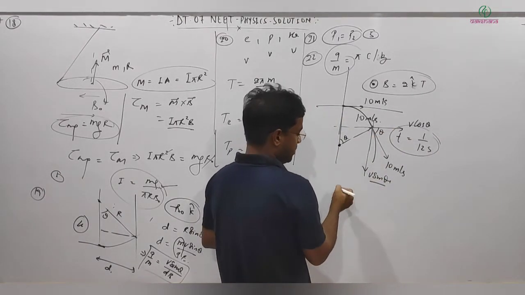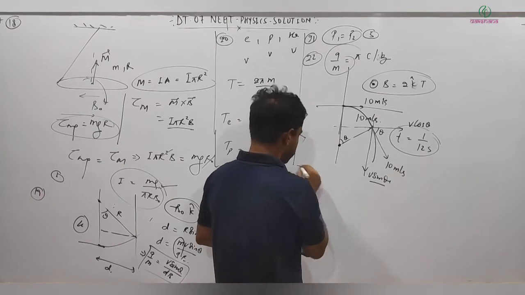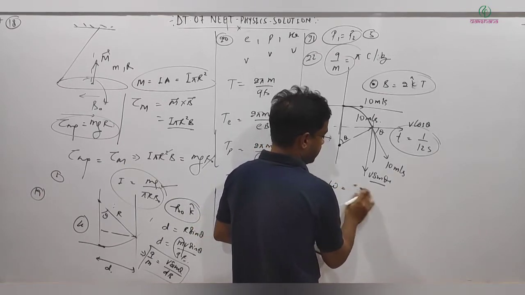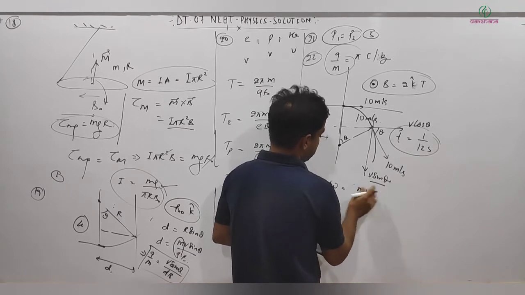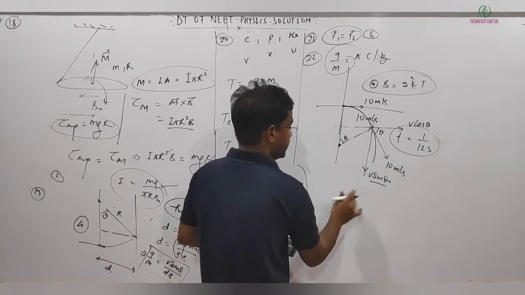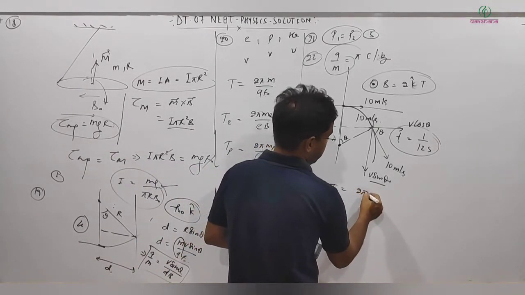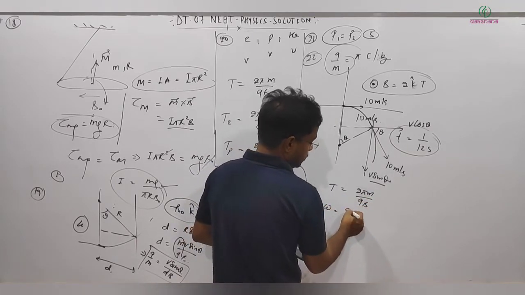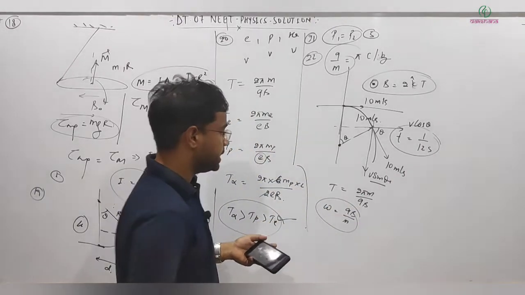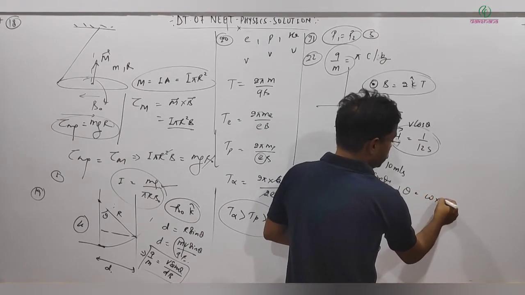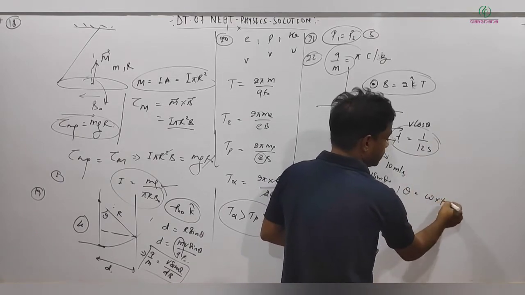Theta can be written as omega into t, and omega is equal to v by r, where r is mv by qB. The time period is 2 pi m by qB, so omega is actually qB by m. So theta is equal to omega into t.